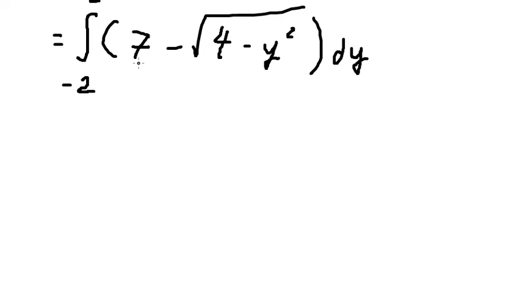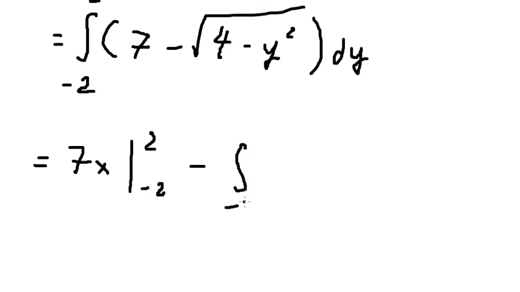So the integration of 7, we have 7y, and we put the bounds from negative 2 to positive 2. Now we just have this one left.